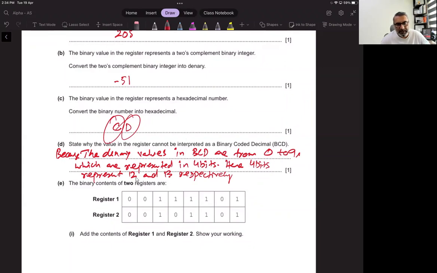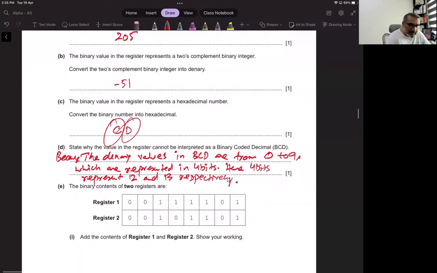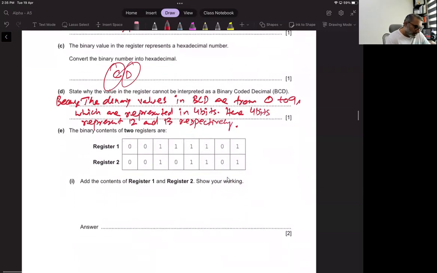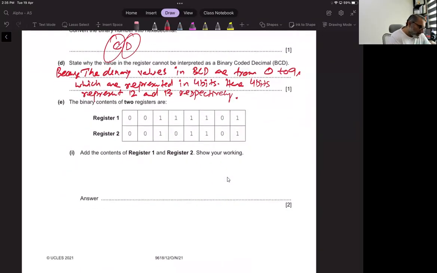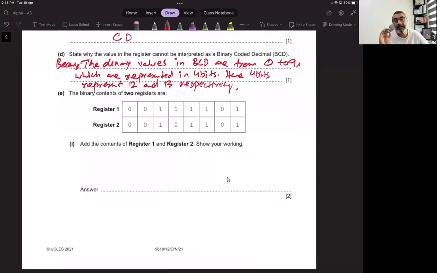Here, 4 bits represent 12 and 13 respectively. That is why we cannot represent this particular combination as BCD. Okay. BCD is binary coded decimal. Decimal as in denary, which will never have anything beyond 9 in 4 bits.